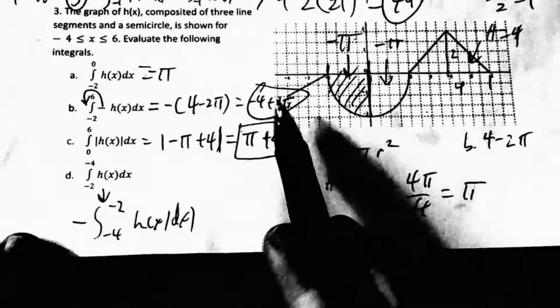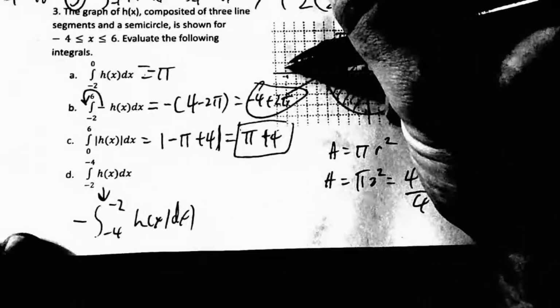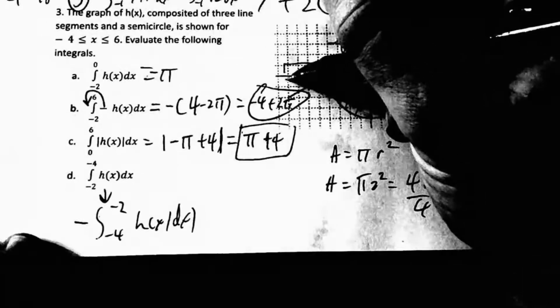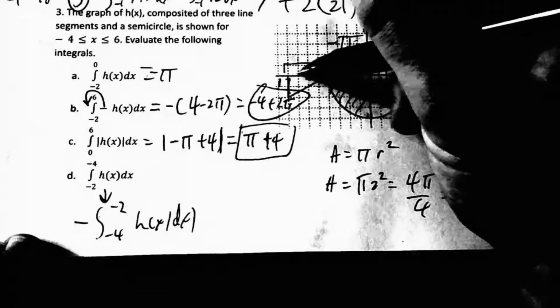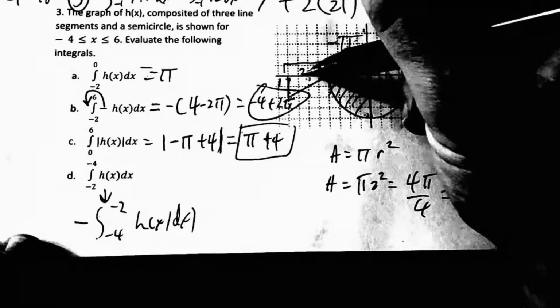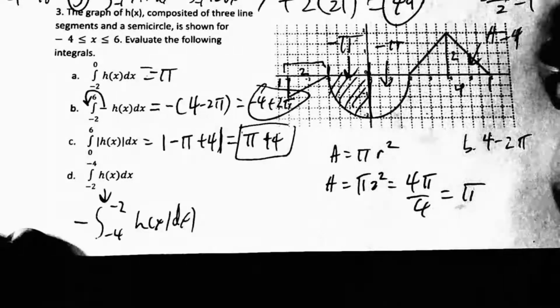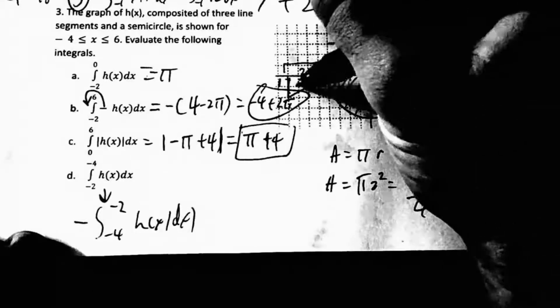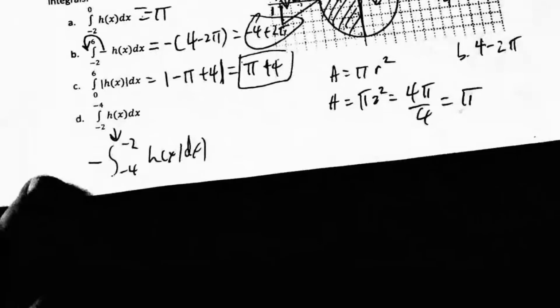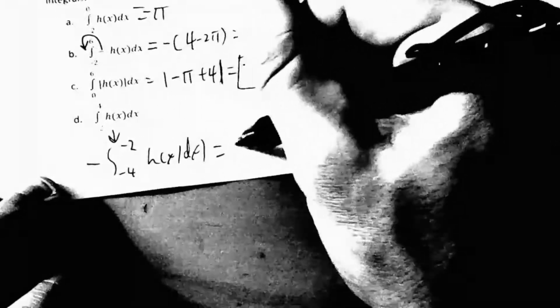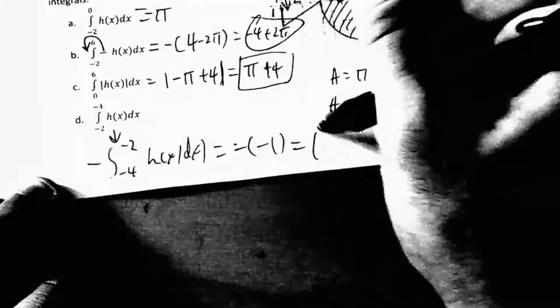So -4, that's this region right here, which is a triangle with a base of 1 and a height of 2. So it's 2 times 1, which is 2, over 2 is 1. So the area of this is -1. So this is going to equal -1, which is just 1. Okay.